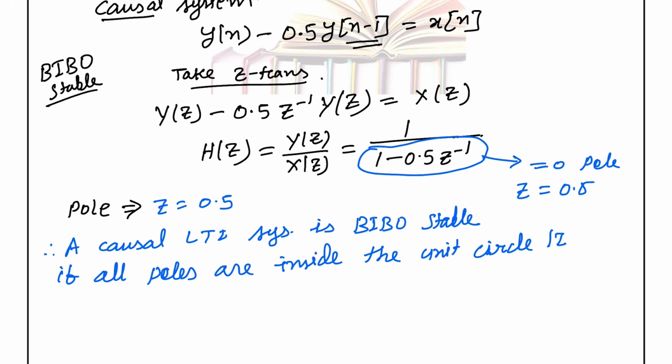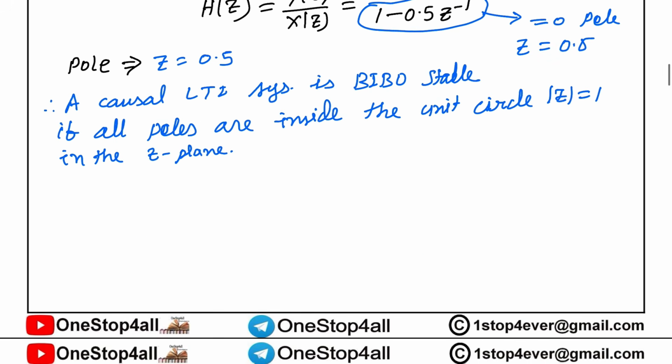Unit circle means mod z is equal to 1 in the z plane. Okay. So, if this one is your unit circle at mod z equal to 1, and this is the real part of z and this is the imaginary part of z, and your pole will be at 0.5, this circle will represent your pole. So, it is inside your unit circle and hence all poles are inside the unit circle.